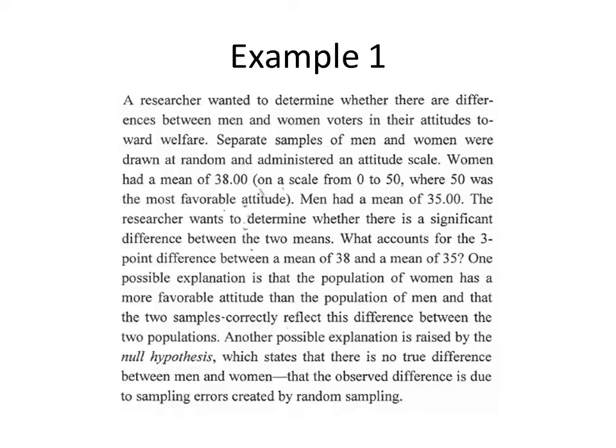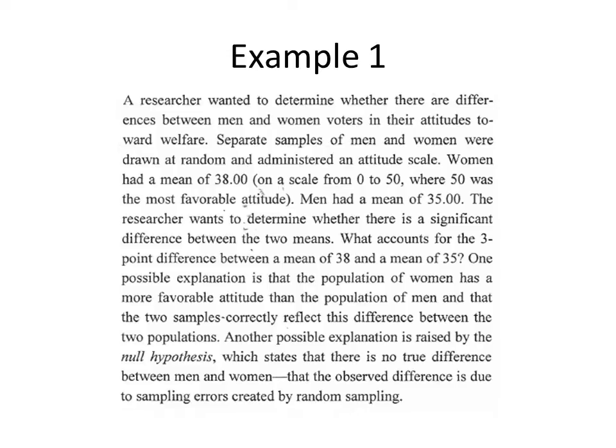In simply looking at the numbers, we would say, well, women have a more favorable attitude towards welfare. Well, what we need to determine as researchers is whether there is a statistical difference between these two means, 38 and 35. So what accounts for the 3-point difference?